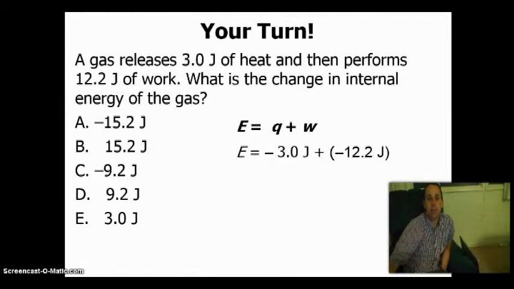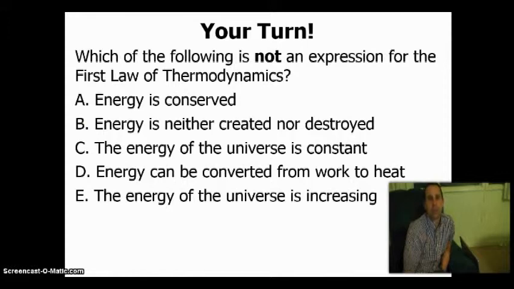And it did 12.2 joules of work. So that's also a -12.2 because the process did that work. So I can combine these two values together, the -3 and the -12.2. And the result is going to be how much energy was changed by this process. What the change in energy was, -15.2. Okay, because the heat was released by the process and the work was done by the process.